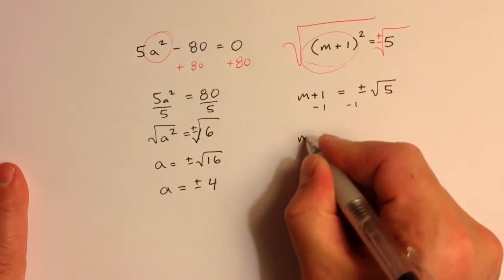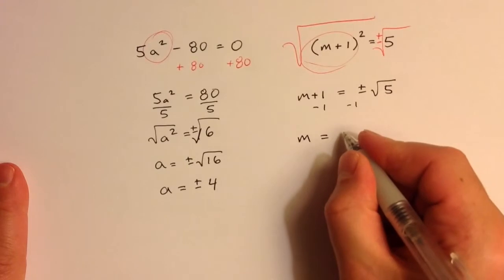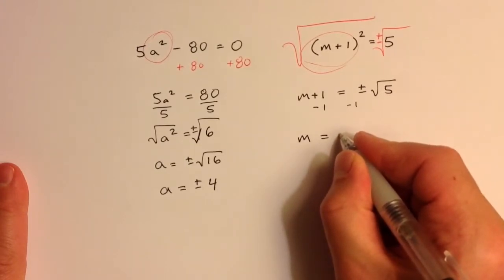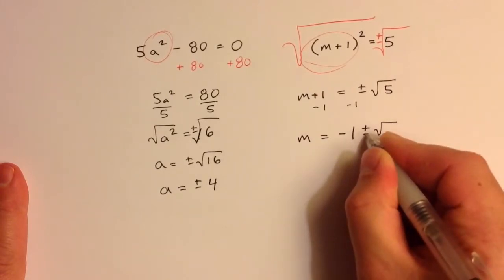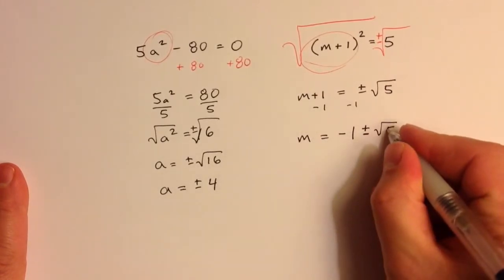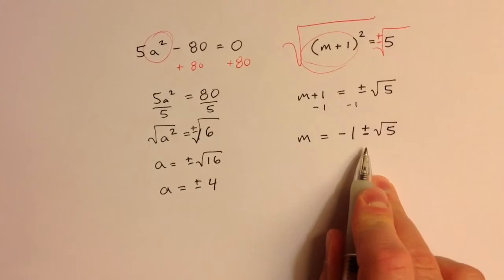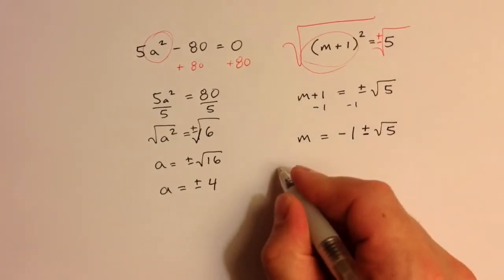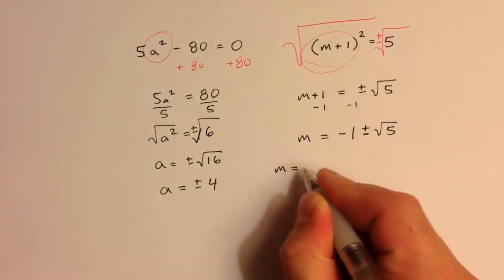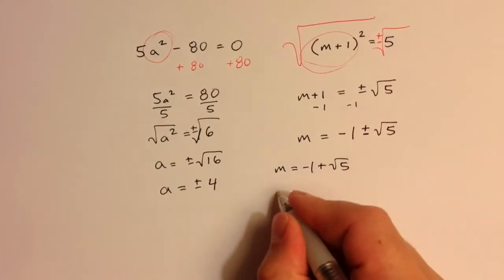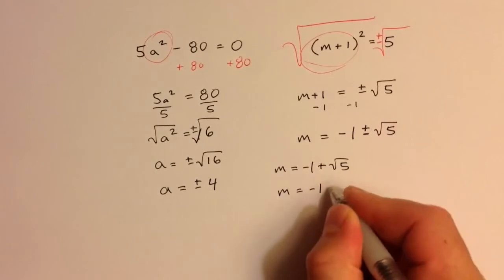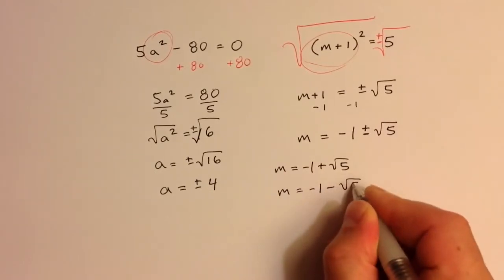And so that gives me two solutions for m. m could either be negative 1 plus the square root of 5 or negative 1 minus the square root of 5. And so we could write them together with a plus or minus symbol, or we could write them separately. m equals negative 1 plus the square root of 5, and the second solution is m equals negative 1 minus the square root of 5.